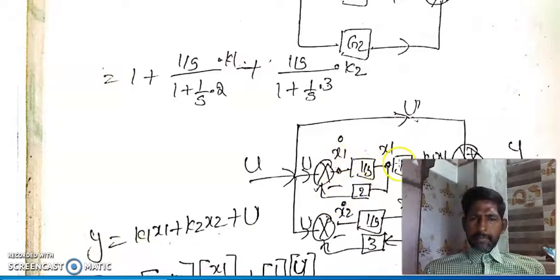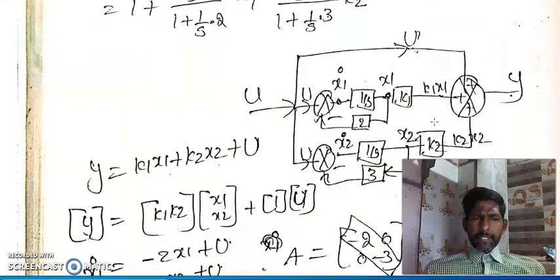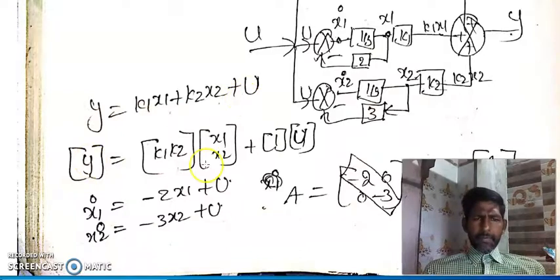Integral of x1 dot equal to x1 into k1 x1, and here integral of x2 dot equal to x2 into k2. So we will be getting it as k2 x2, here k1 x1, here 1 or u. So y equal to k1 x1 plus k2 x2 plus u. We represent in the form of matrices y equal to k1 k2 x1 x2 plus matrix 1 into matrix u.